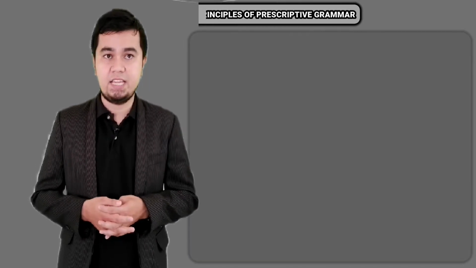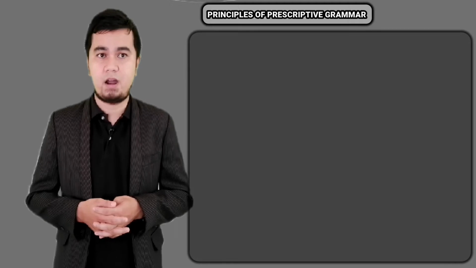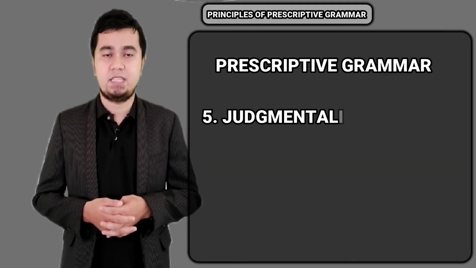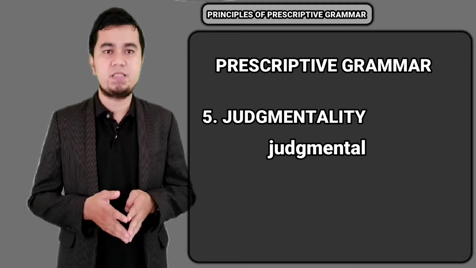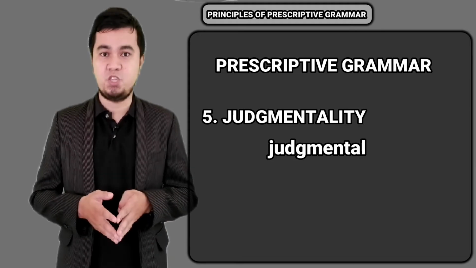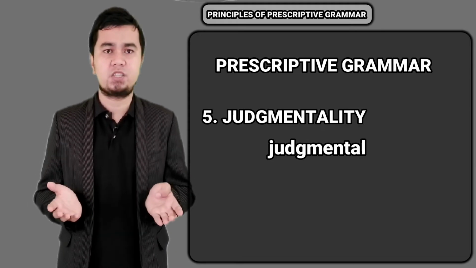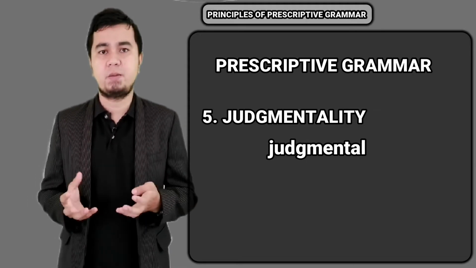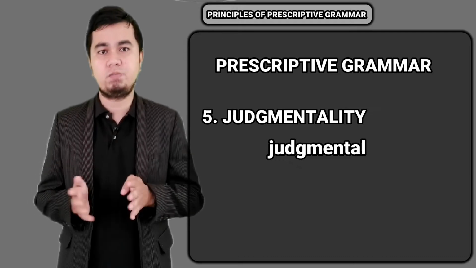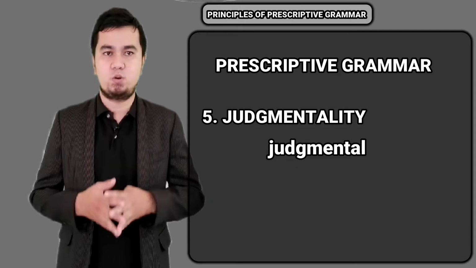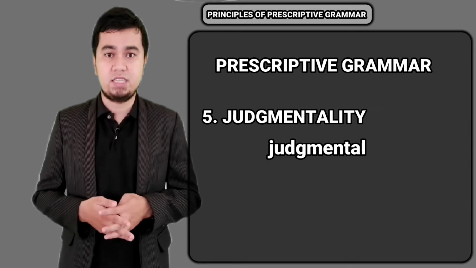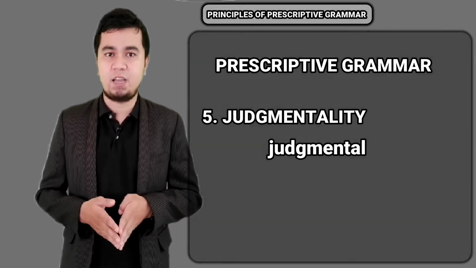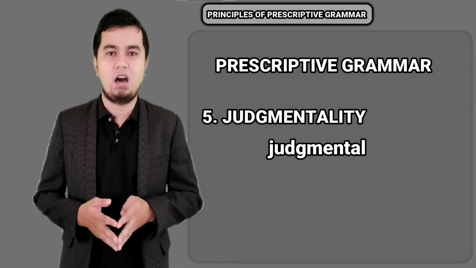And finally, the last principle of prescriptive grammar is judgementality. Grammar is judgmental in this part. It specifies how a language should be used. An expression is acceptable only if it conforms to the set of prescribed rules. Now, judgment here is passed by the authorities, educated speakers, language scholars, and great authors.